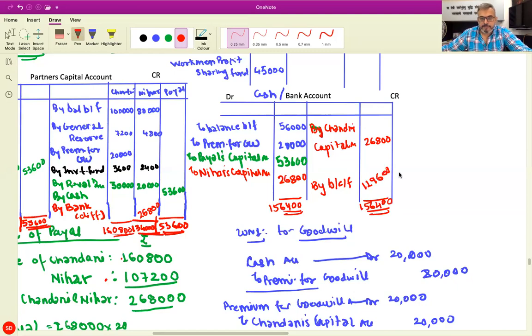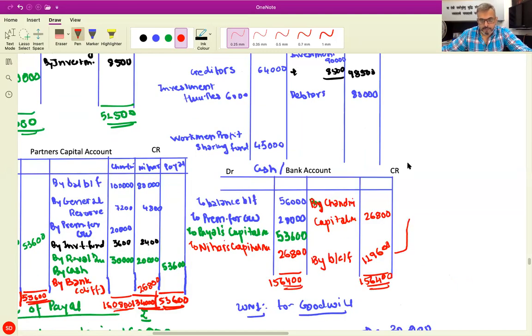Transfer it to balance sheet, cash and bank, 1,29,600.